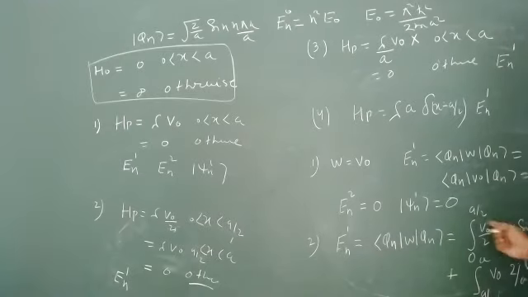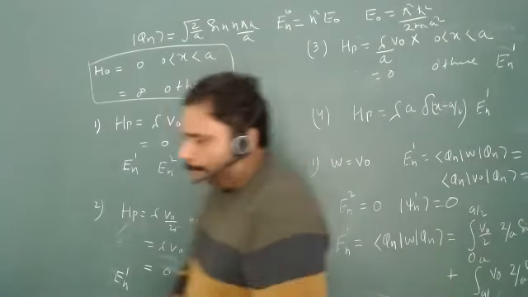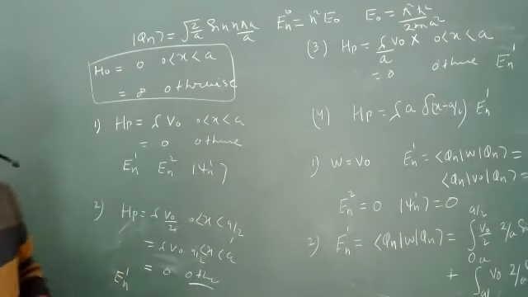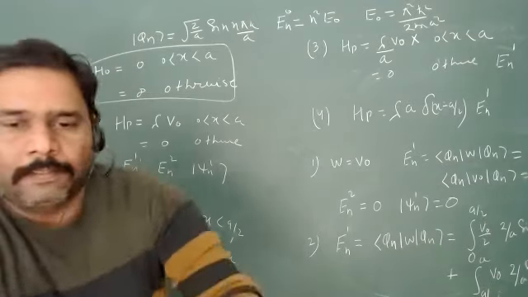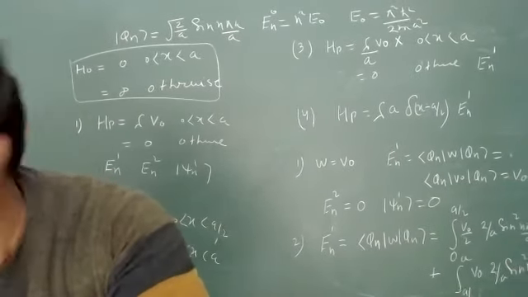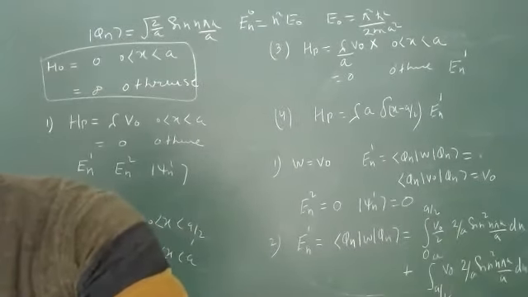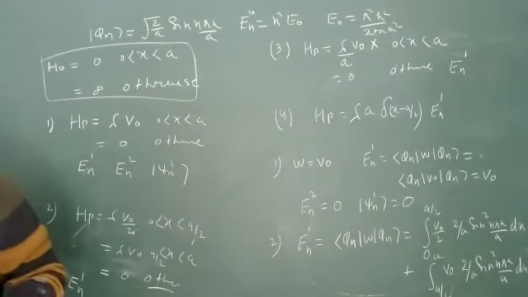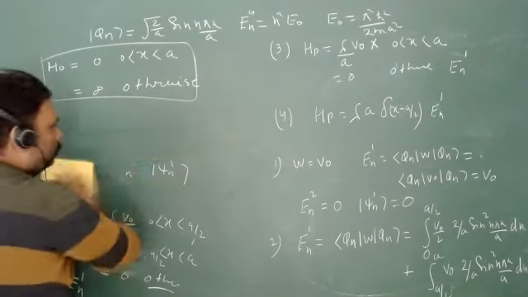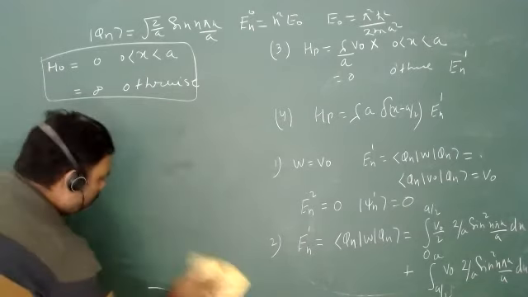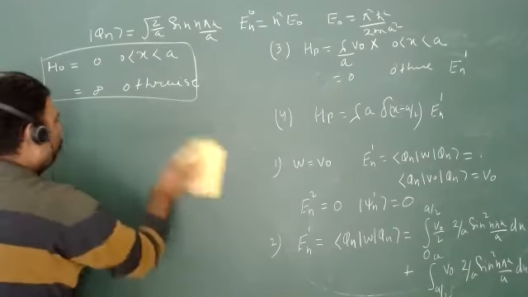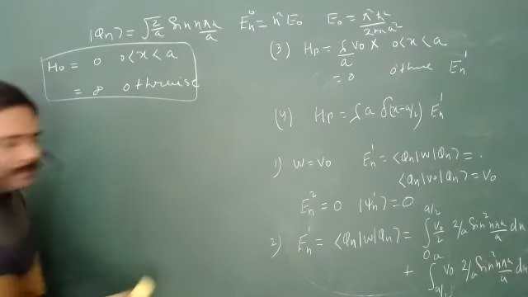I can take V naught by 2 outside. What is the value of this integration? You have to revise each and everything.